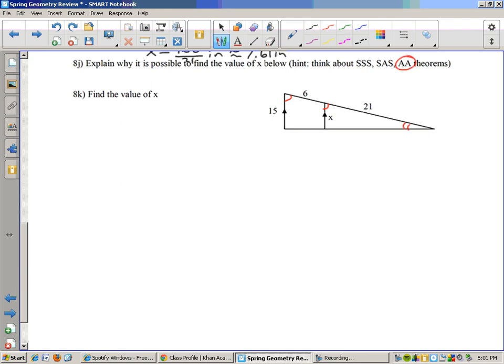So our angle-angle theorem says that triangle 1 and the large triangle are similar. And since they're similar, then I can say that a proportion does exist where x is to 15 as 21 is to the sum of those two. And I can cross multiply and find out.